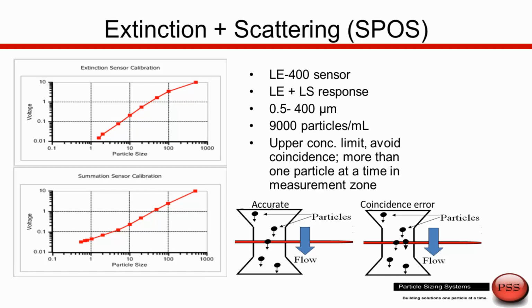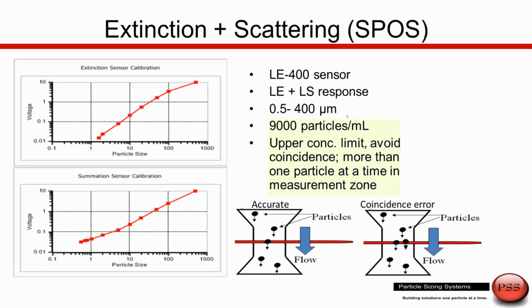And in order for these measurements to be accurate, we can only have one particle at a time in the sensing zone, as you see here. But if we have more than one particle at a time passing through the sensing zone, then we'd take these two particles and count and size them as one larger particle. And that leads to what we call a coincidence error. In order to eliminate or at least minimize the coincidence error, we need to be aware of the concentration going through the sensor.